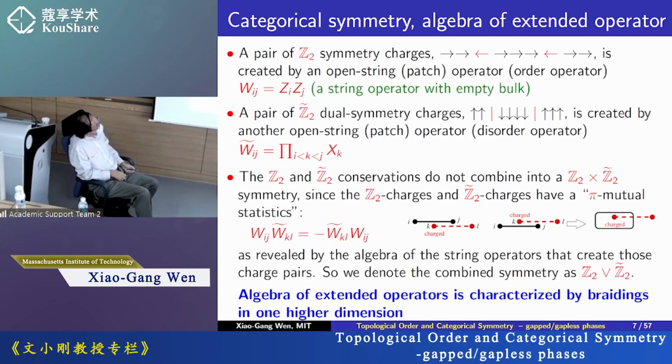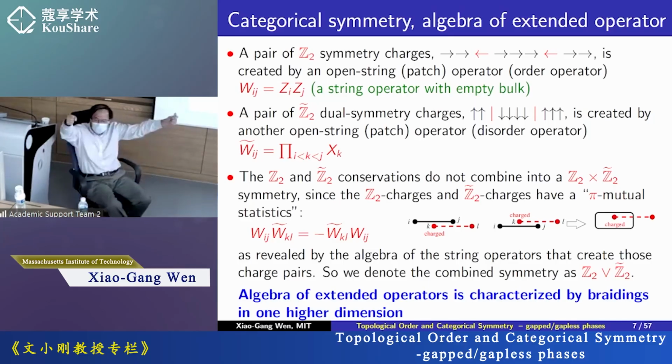This seems kind of strange, because to create two charges we should have a two-local operator. But for the dual symmetry, it's not a two-local operator, it's a string operator. But maybe this is the generic case: in general, we need a string operator to create two charges.